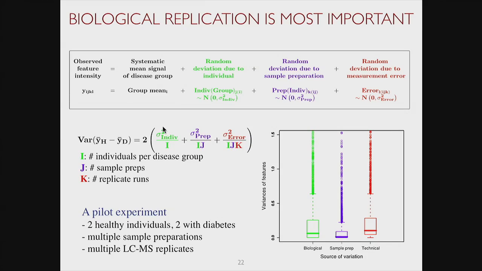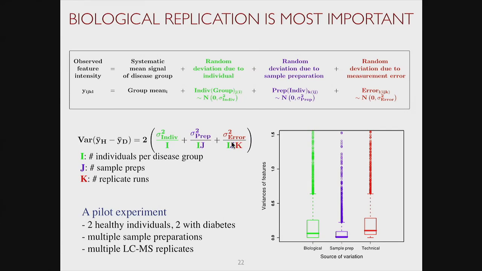If we do more sample preps, it will reduce these two parts of variance, but it will not reduce this variation here. So the only way to dramatically reduce the uncertainty associated with the difference between the groups is to increase the number of biological replicates, because it affects all the components of the variance.